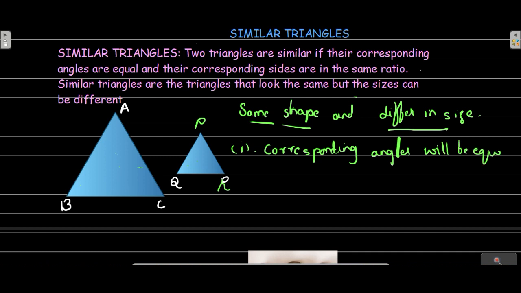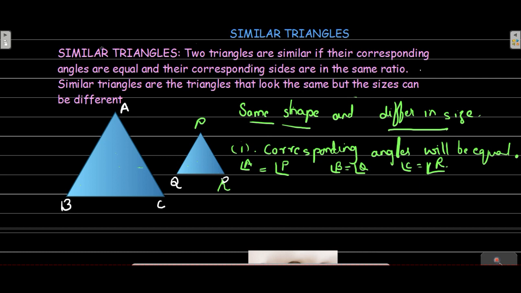What does it mean? Suppose angle A of the first triangle is equal to angle P of the second triangle, and angle B of the first triangle is equal to angle Q of the second triangle. Similarly, angle C is equal to angle R. This is the first criterion to make sure that two triangles are similar.